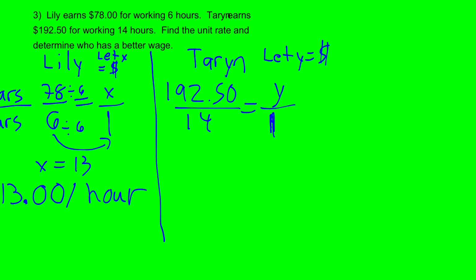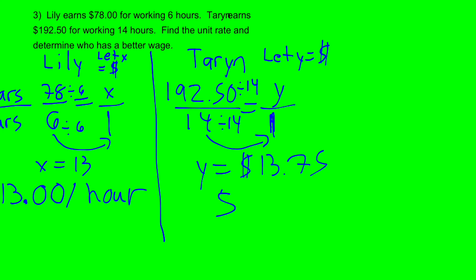Taryn's unit rate: to go from 14 to 1, I divide by 14. So I'll divide the top number of my proportion by 14. $192.50 divided by 14, and I get y is equal to $13.75.